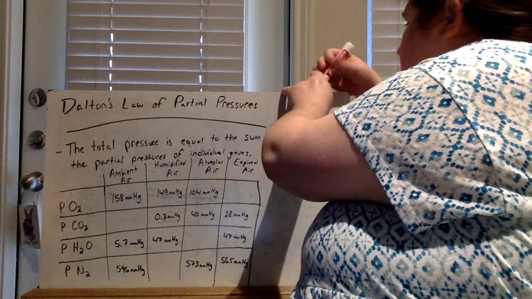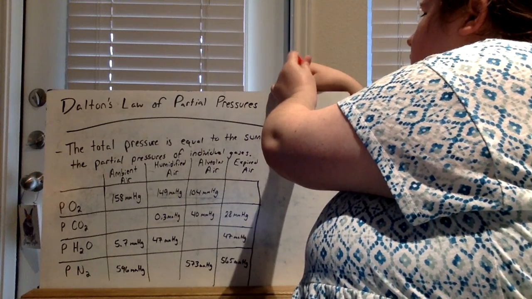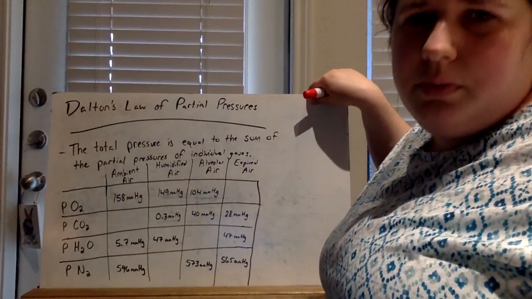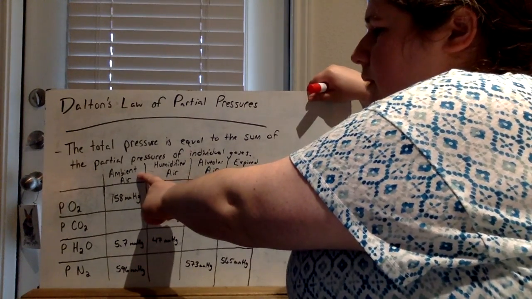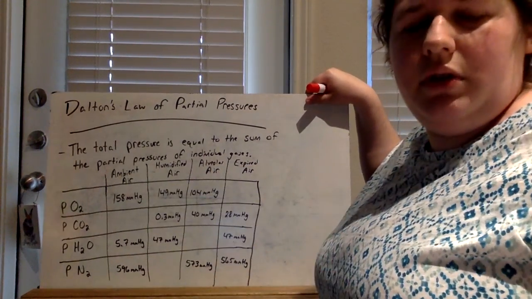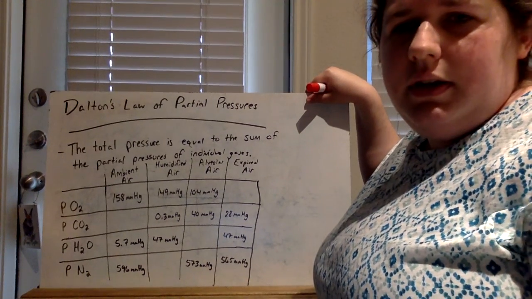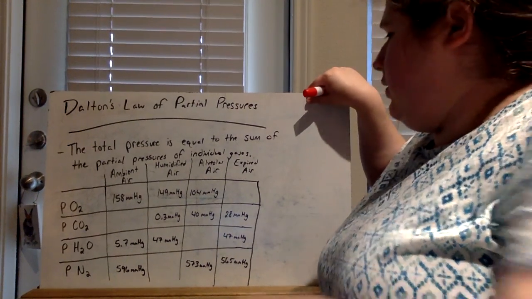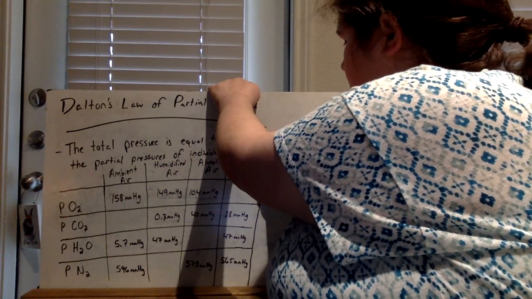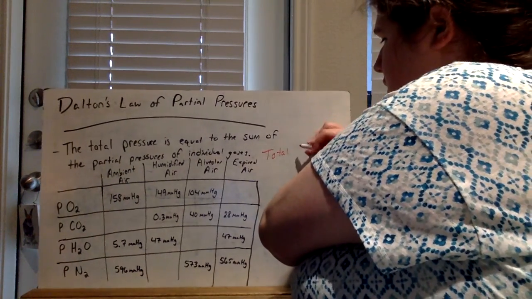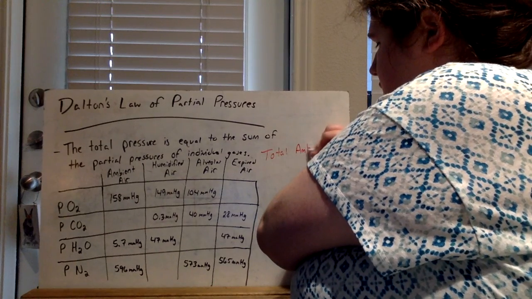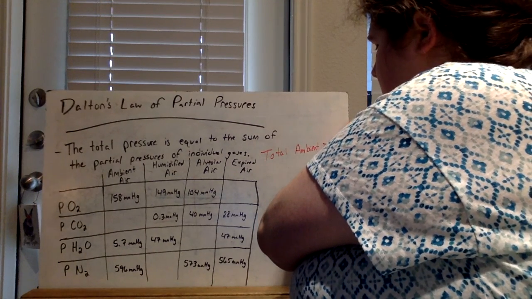So let's say that the total pressure of the ambient air, which is basically just the air that I'm breathing right now in my living room, is 760 millimeters of mercury. Okay, let's say total of ambient is 760.